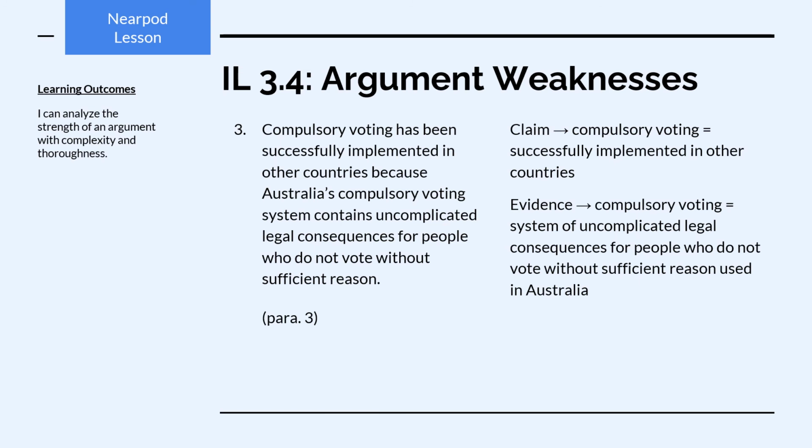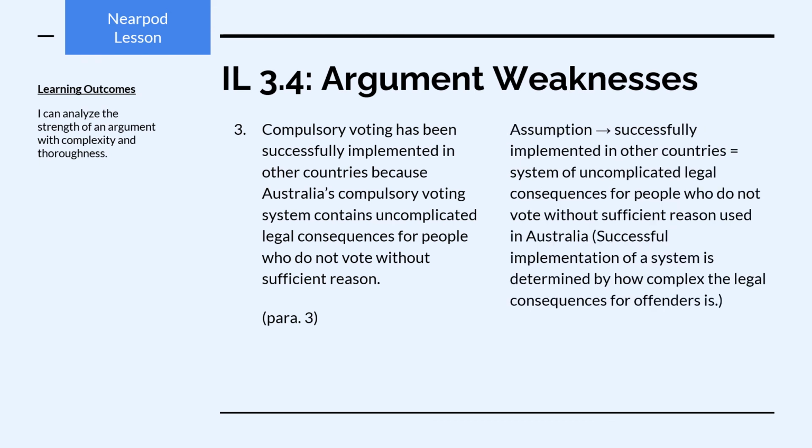Our claim here is that compulsory voting has been successfully implemented in other countries, and our evidence is that in Australia, they've created this system of uncomplicated legal consequences for people who do not vote without sufficient reason. Our assumption then is something like this: successful implementation of a system is determined by how complex the legal consequences for offenders are.